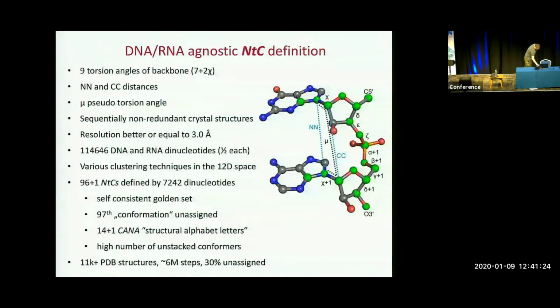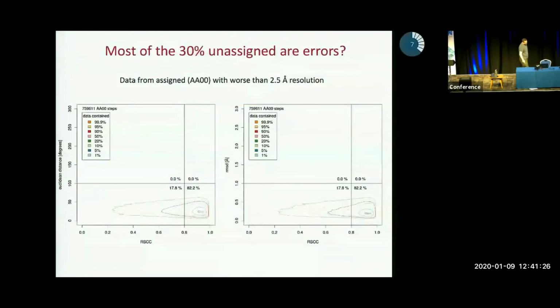People don't like this number, as expected. So does it mean that most of these 30% unassigned steps are errors? Well, the answer is mostly yes, but I'll try to explain why.